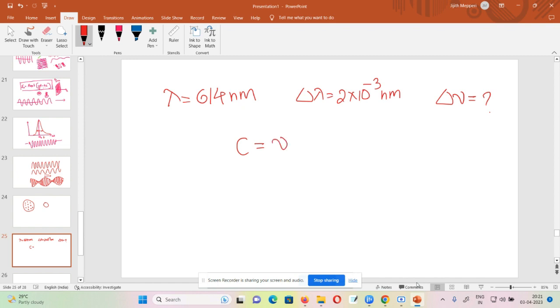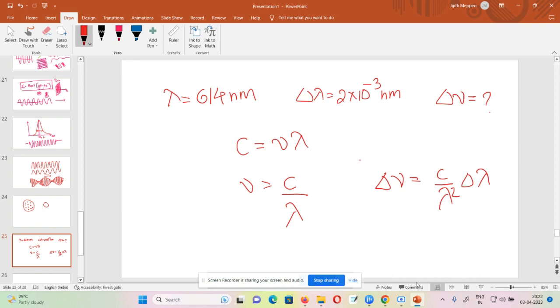So we know that c equals nu lambda, so nu equals c by lambda. If you differentiate nu with respect to lambda, delta nu can be written as c by lambda square into delta lambda.